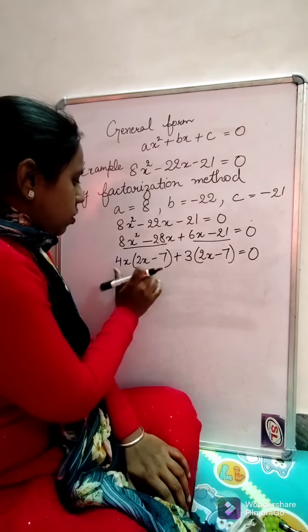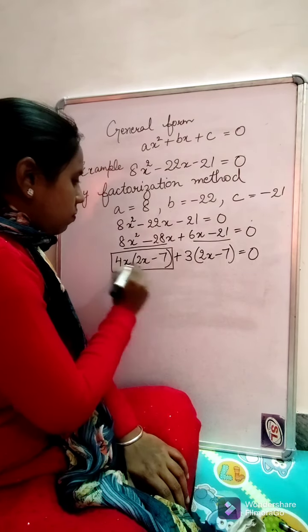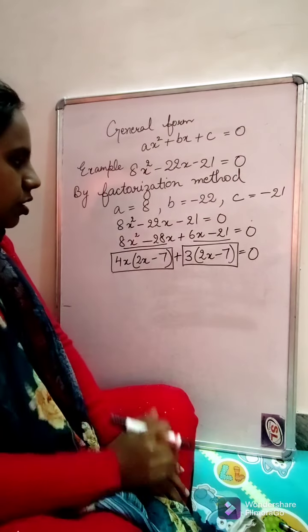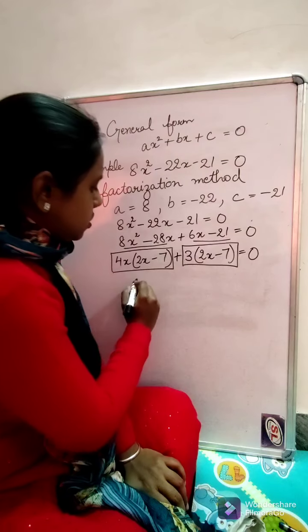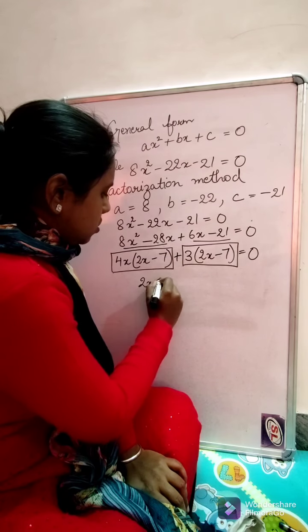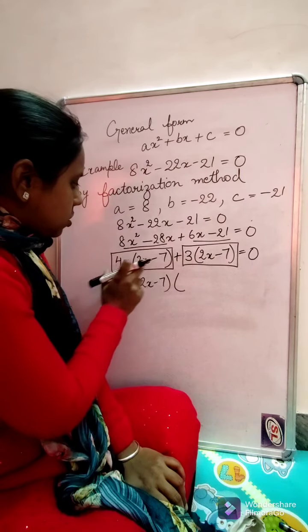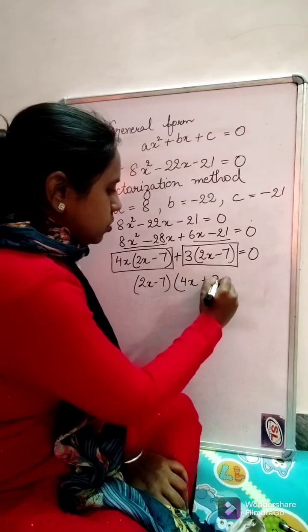Now you have one term and a second term. What is common in these two terms? Of course, 2x minus 7 is common, and what is left behind is 4x plus 3.